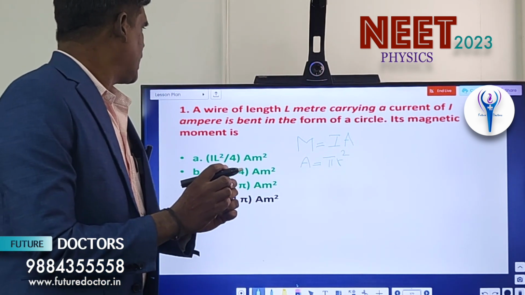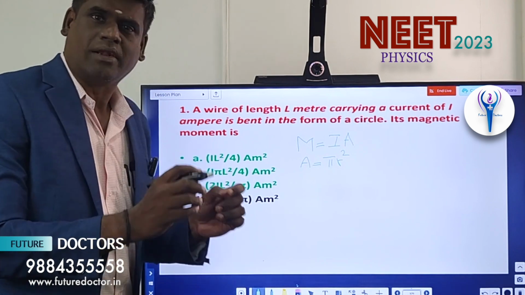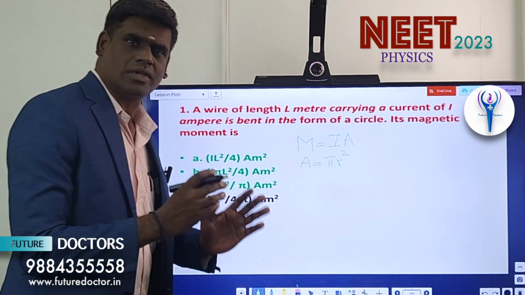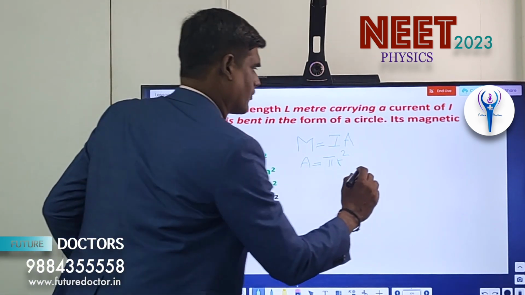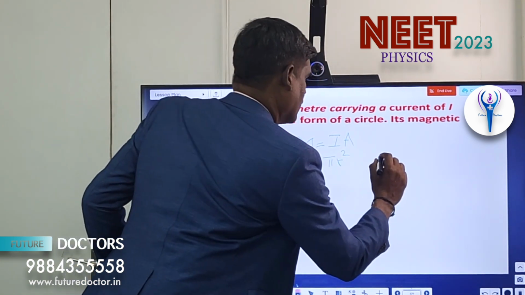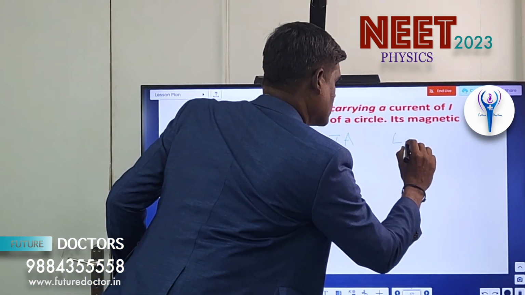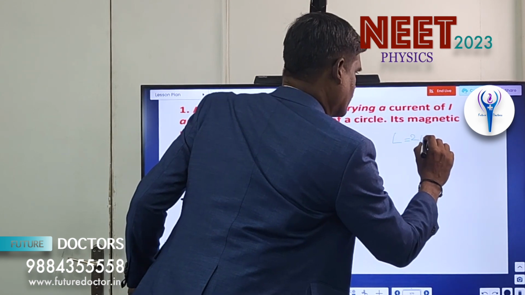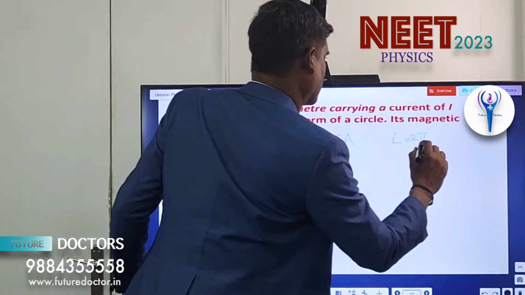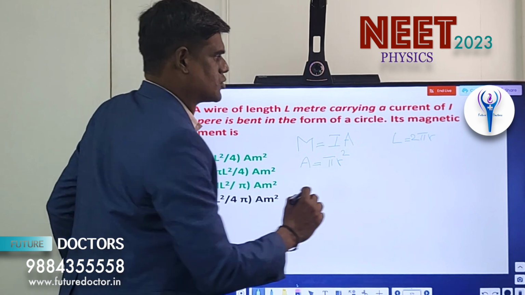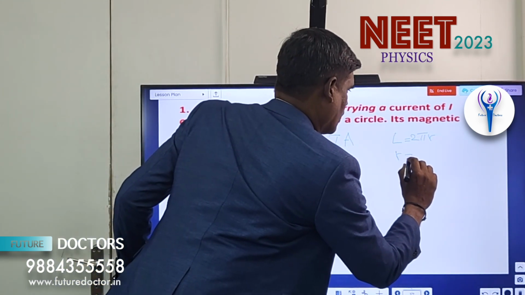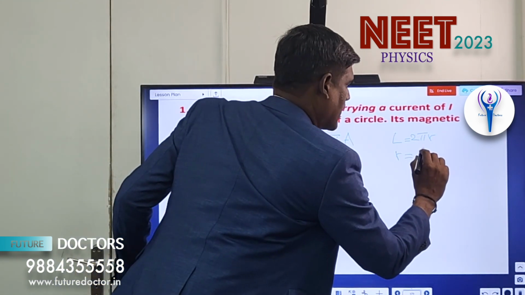And the length L of the wire is bent into the form of a circle. So what is the relation between L and R? L equal to 2 pi R. From that, R equal to L by 2 pi.